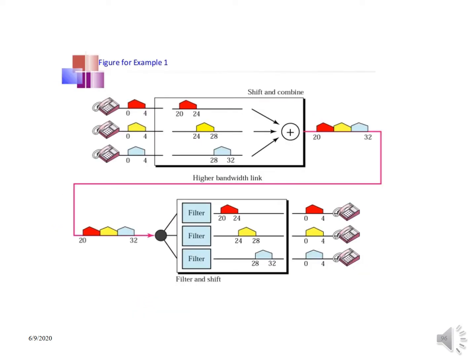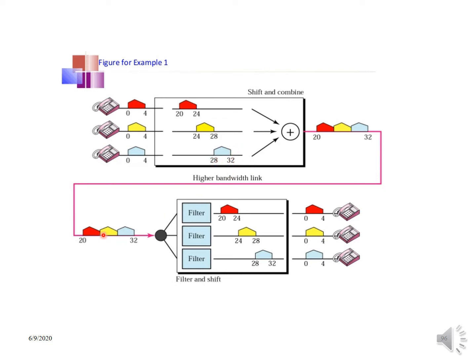For example, home number 1 uses, let's say, 4 kilohertz. Home number 2 also uses 4 kilohertz of bandwidth, 0 to 4. But this one is allocated at 20 to 24, the next one 24 to 28, and 28 to 32.